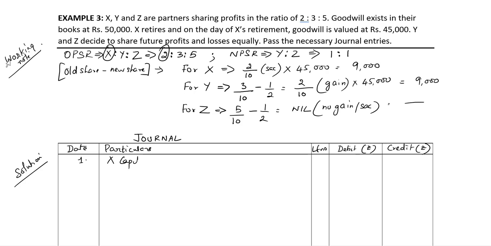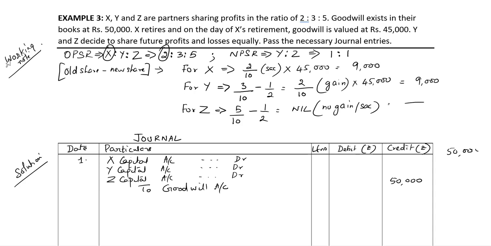X capital account debit, Y capital account debit, Z capital account debit, to goodwill account. Existing goodwill amount rupees 50,000.